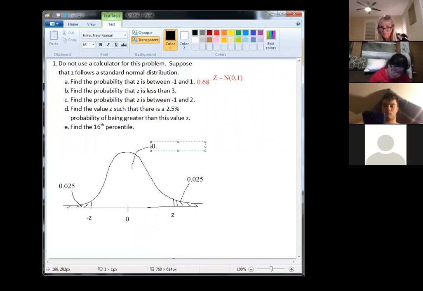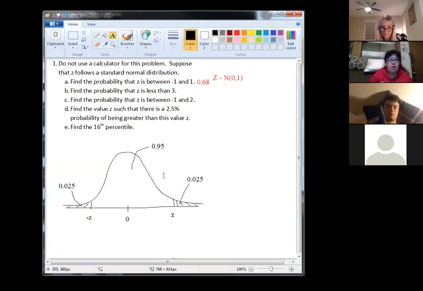This is supposed to be pretty easy. 0.050 is how much is left and right. In the middle is 1 minus that, which is 0.95. So now we know 95% is in this middle area.